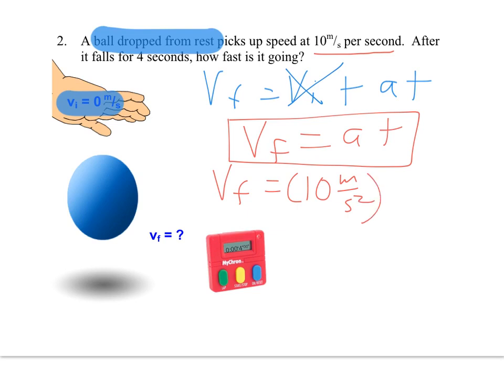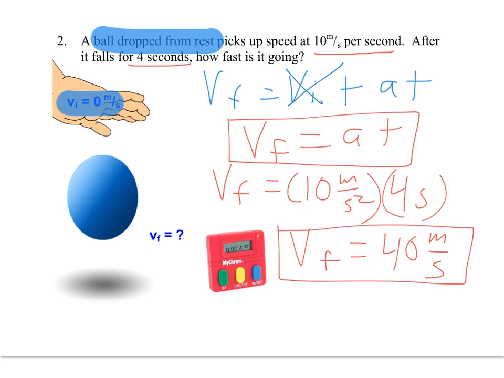We're told the ball falls for 4 seconds, so 4 seconds goes in here. 10 meters per second squared times 4 seconds gets you a final velocity of 40 meters per second. So our basic approach is symbolic equation, substitution of values with units, answer with units.